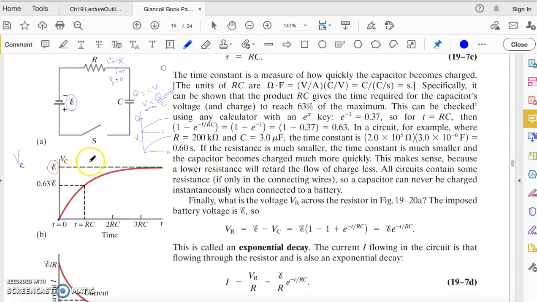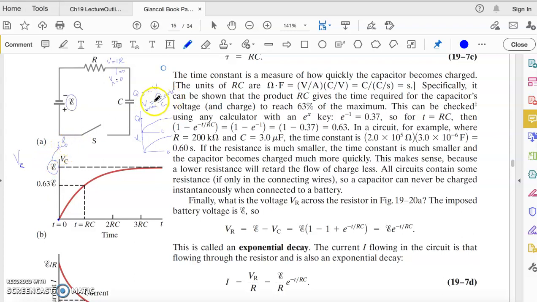All right, so what if I draw the charge? It's the same graph, except this y-axis will be Q, and the maximum value here will be Q maximum. Who can tell me what is Q maximum? It is V maximum times C. So instead of epsilon, we will have V maximum times C, which is epsilon times C, right?